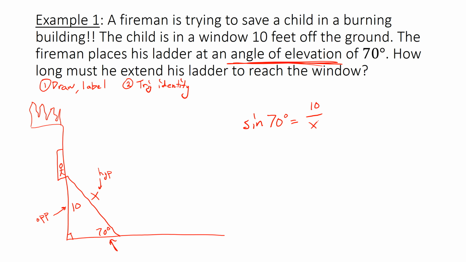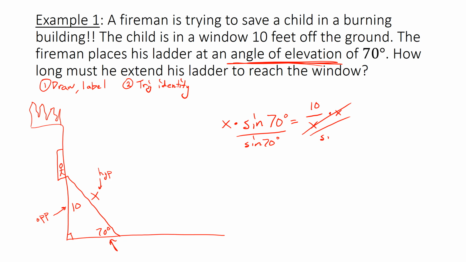And I can begin to solve. The first step that would be really good to do here would be to multiply x on both sides. Because if x is on the bottom of the fraction, I'm not able to solve for it. So if I multiply both sides by x, it cancels here, and I'm left with an x on the top. Now the next thing I need to do, which is kind of like cross multiplication, is divide by whatever sine of 70 is.